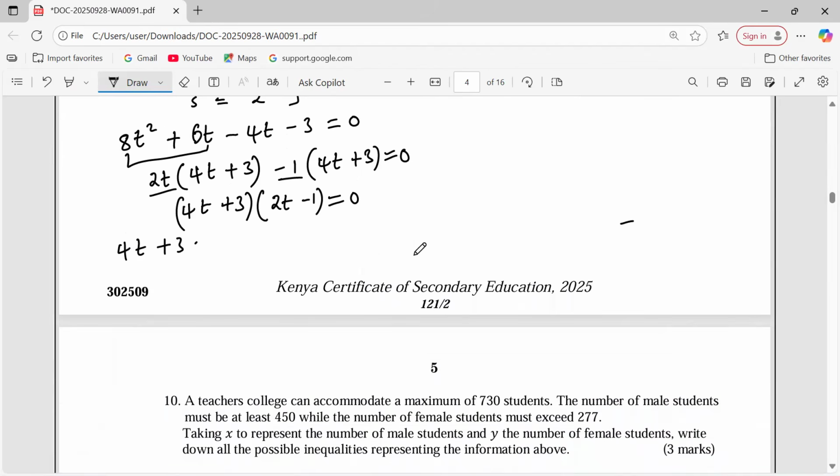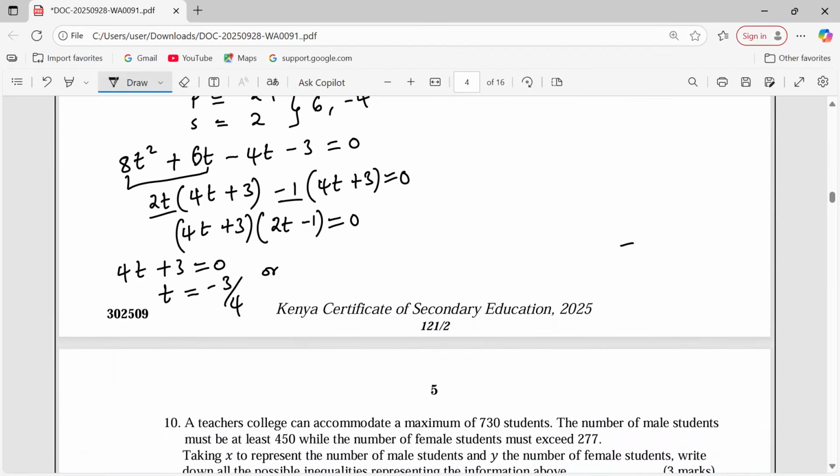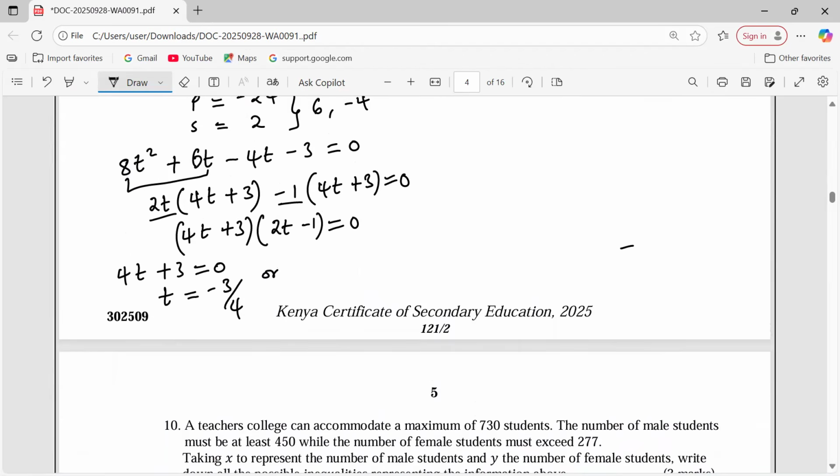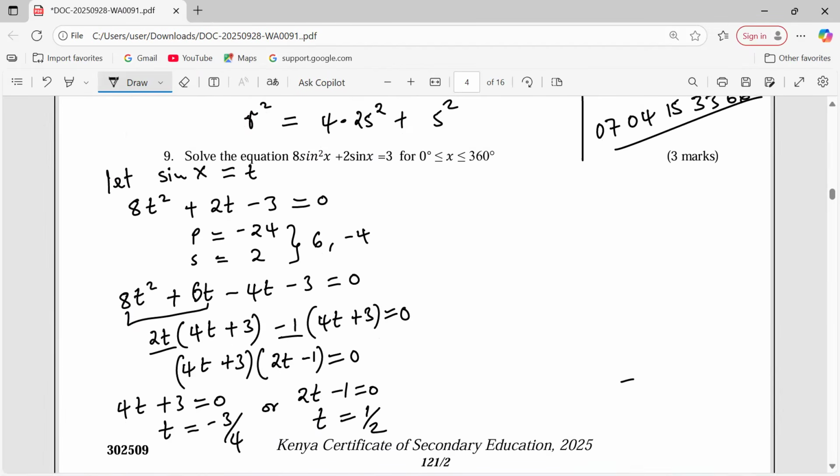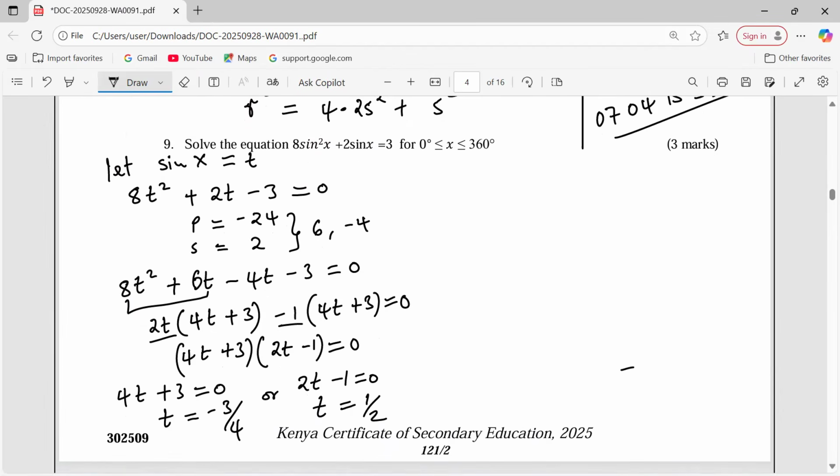So from the first term, 4t plus 3 can be 0, implying that t equals negative 3/4, or 2t minus 1 equals 0, implying that t can be half. So we have two values of t, and we shall get possible angles using them. Let's start with the positive one.